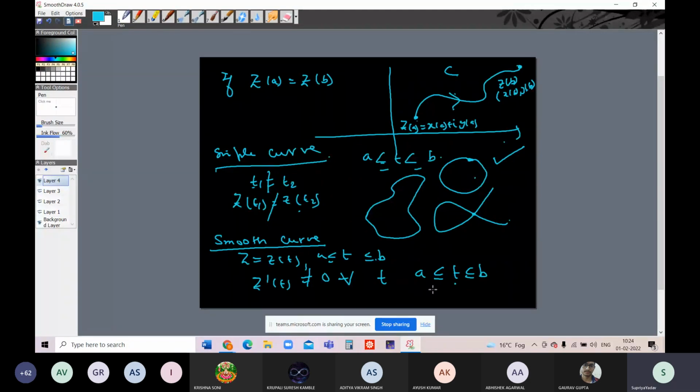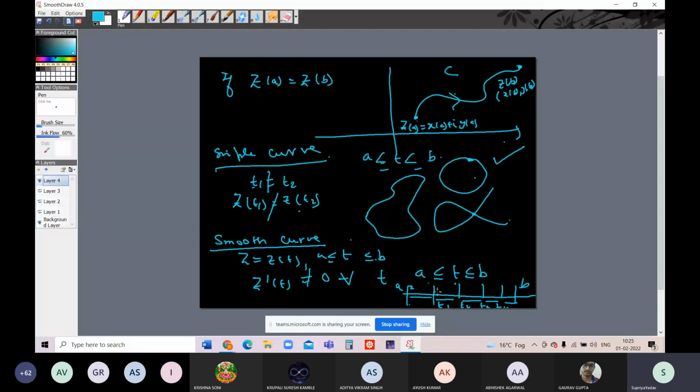What is a piecewise smooth curve? Maybe in between, at some points in this interval, or we can say that we divide this interval A B into finite parts. Suppose this is A and this is B, and we are dividing this into finite parts, say t1 t2 t3 t4 and so on. In this way we have divided it into finite parts. So in every sub interval this curve is a smooth curve.